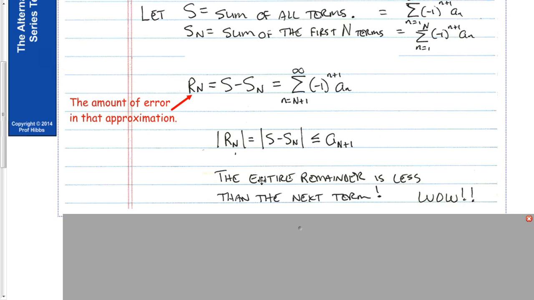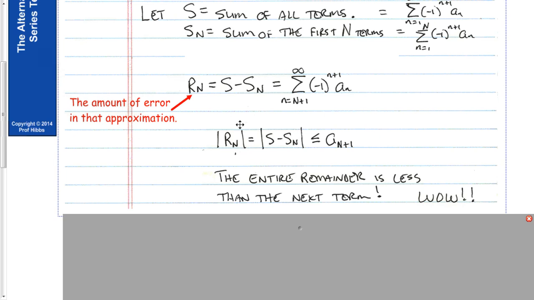The statement is that this absolute value of R sub n is less than or equal to a sub n plus 1. If we add up the first capital N terms, say the first 100 terms, then the error, R sub n, called the remainder but which we can really think of as error, is going to be less than or equal to whatever the 101st term is.